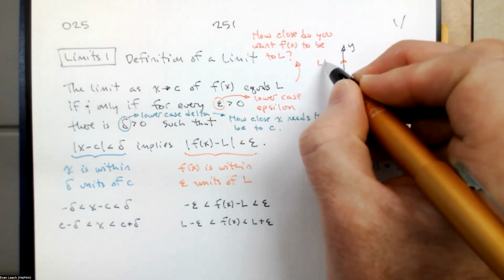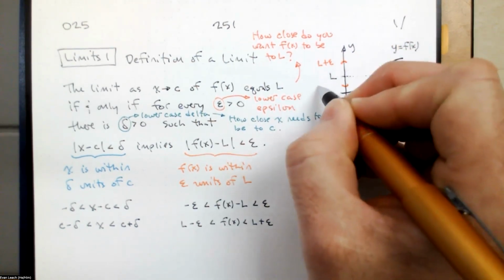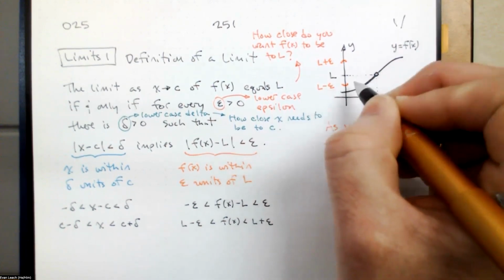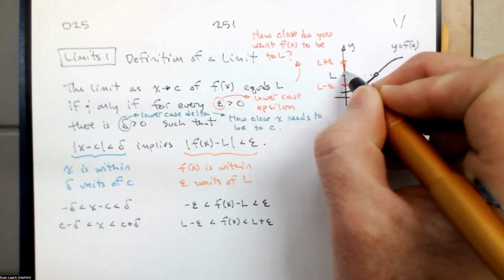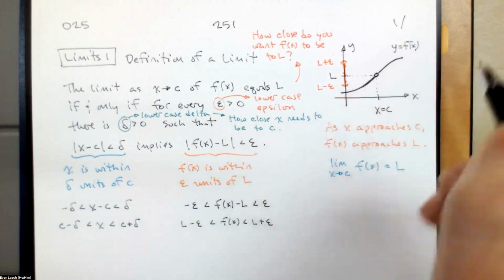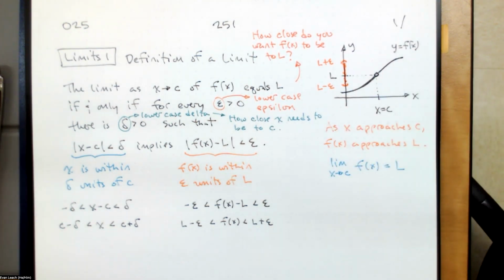I have some L plus epsilon above and some L minus epsilon below. I'm trying to make f of x fall into this interval. And so we ask, how close do we have to put x to C to make that happen?